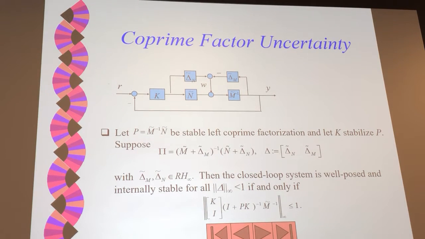So there's also what we call co-prime factorization uncertainty. Let's say this. We have a nominal plant, we have a stable left co-prime factorization.